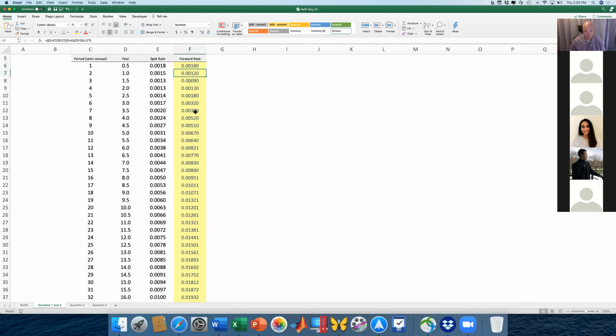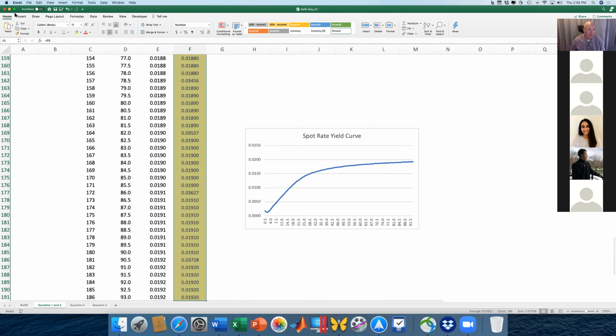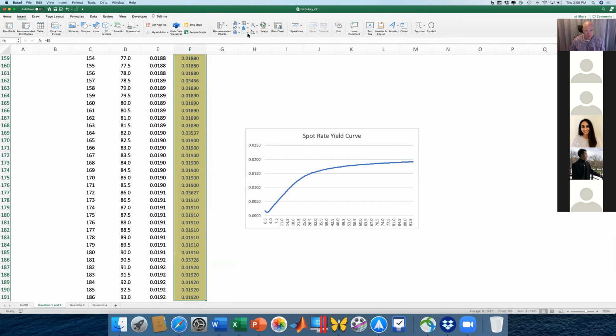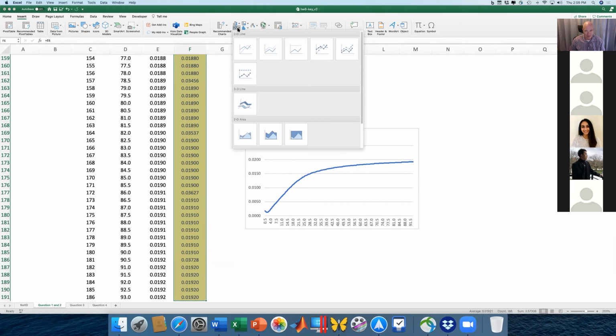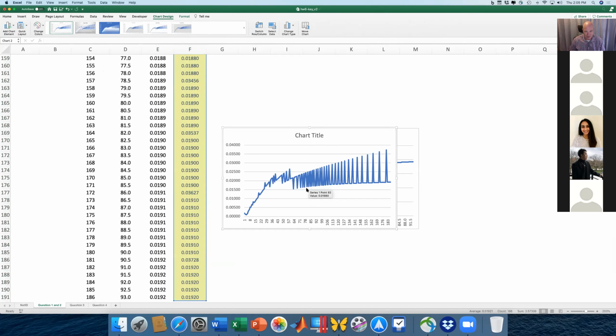So this is the implied rate that would exist from period 1 to 2. And I don't know if you plotted this, but you'll notice something if you plot it. It sort of goes up nice here like you would expect, and then it begins to bounce around.